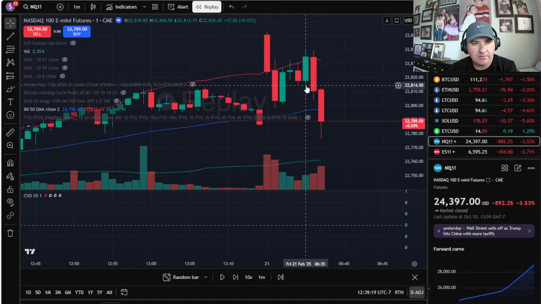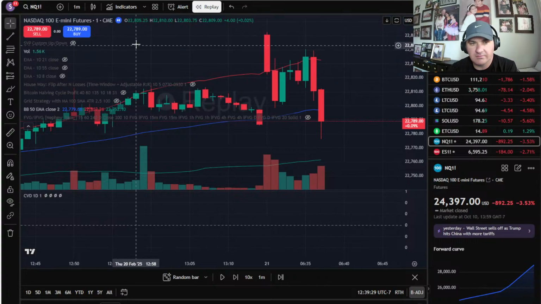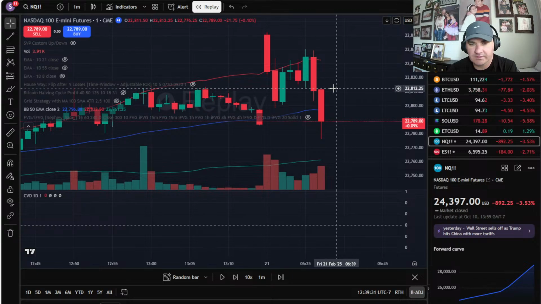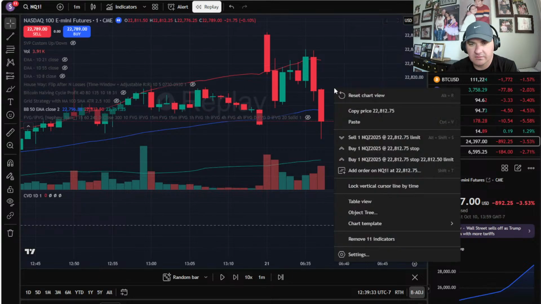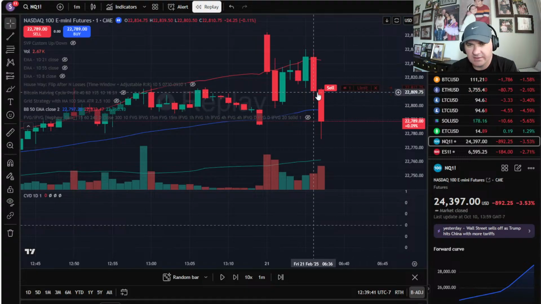The low is 812.75. We got like a 2-tick fair value gap right here. So we're going to add a sell limit there, and then yeah, we're going to see if that triggers.